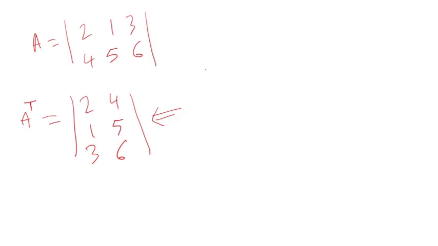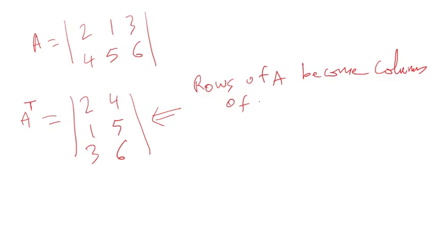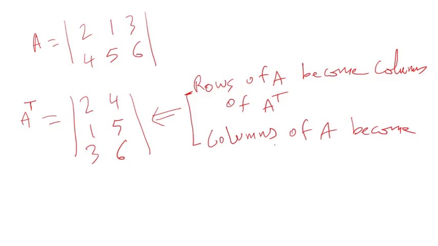So the rows of matrix A become columns of A transpose, and the columns of matrix A become rows of A transpose.